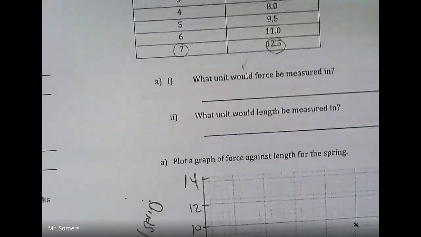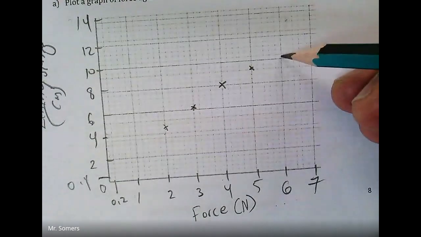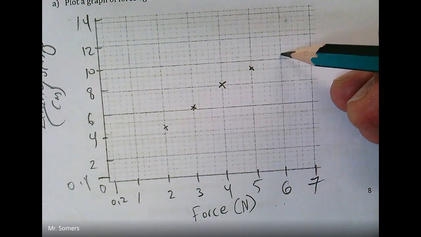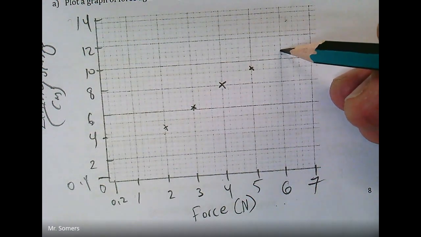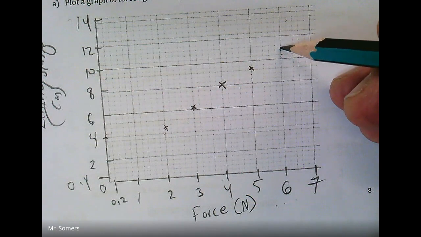Okay, and then I've got 6 and 11. So 10.4, 10.8, 11.2. So for 11.2, we really want halfway there.